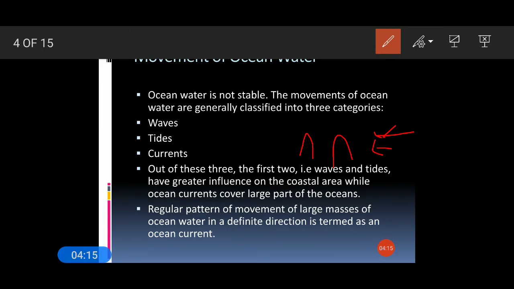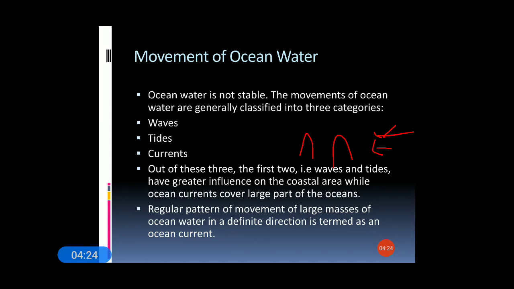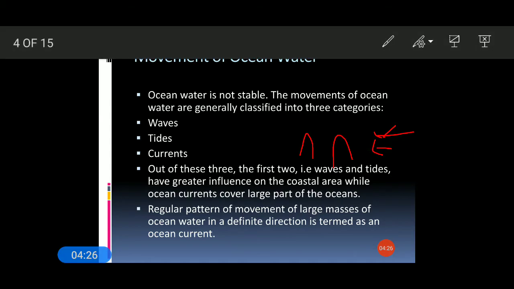Next is tide. Tide is also the rise and fall of sea water, or the sea level, due to the gravitational pull of the sun and the moon. So due to the gravity of the sun and the moon, the sea level rises up and falls down at particular intervals. That is what we call tide.